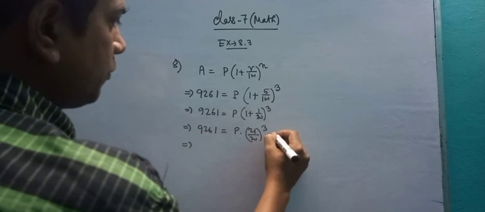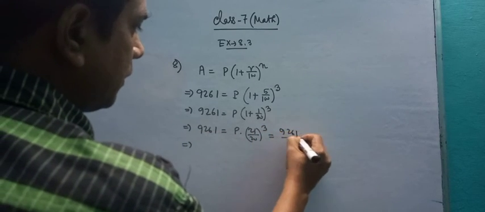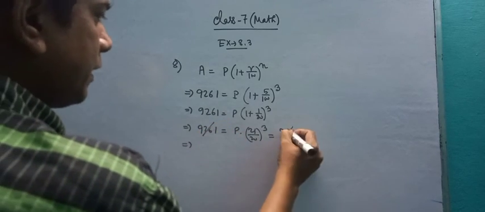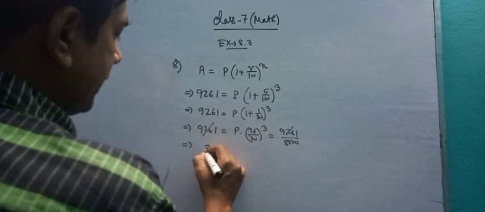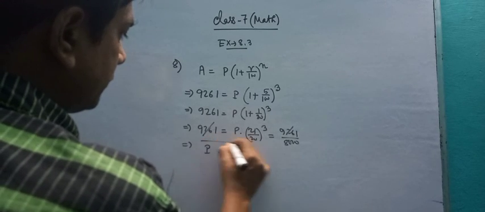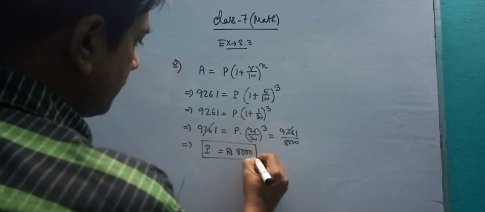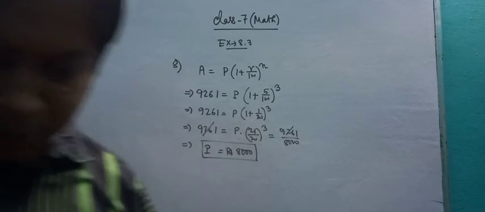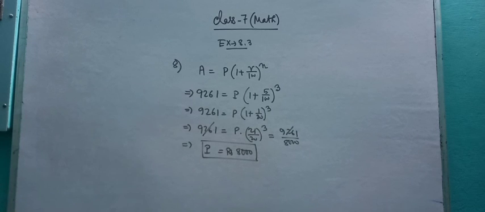So 21 cube is 9261, 20 cube is 8000. So 9261 cancels, and you can get the answer, which will be rupees 8000. Okay. So in this way you can try to solve all of the problems from there. And best of luck for your exam.